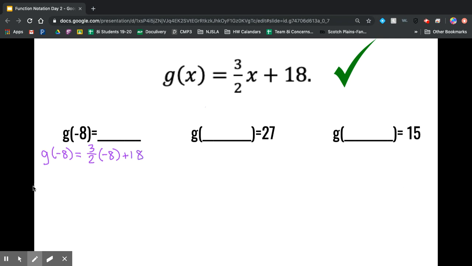And now what I'm going to do is basically ignore this left side, and just calculate over here on the right side using PEMDAS. I can put this over a 1, and multiply straight across. So 3 times -8 will make -24, and 2 times 1 will make 2.